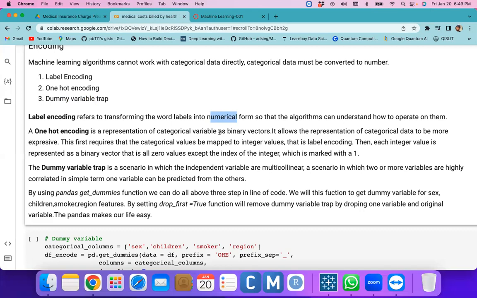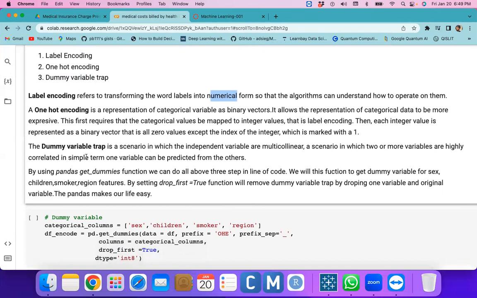It first requires that the categorical value be mapped to integers, that is label encoding. Then each integer value is represented as a binary vector that is all zero values except the index of the integer, which is marked with a one.